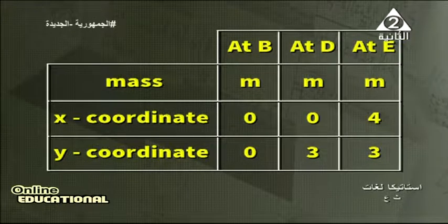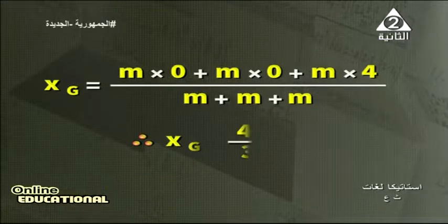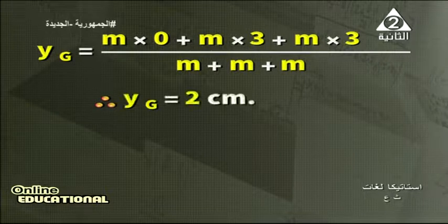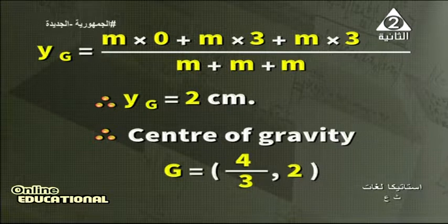Therefore, we deduce that XG equals 4 over 3 centimeter, YG by using the same rule or same method equal 2 centimeter. Then the center of gravity, its coordinate 4 over 3 and 2.